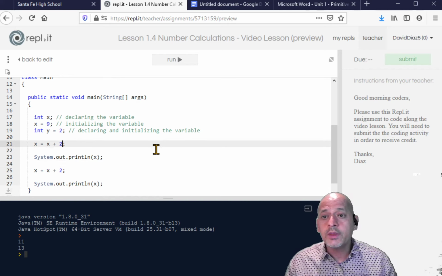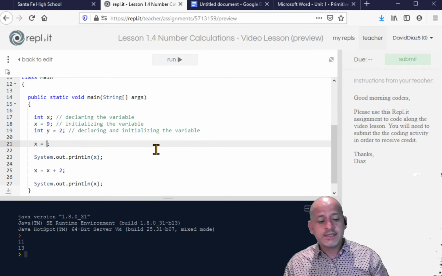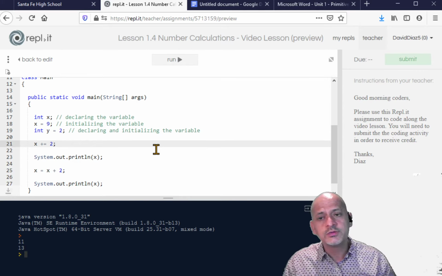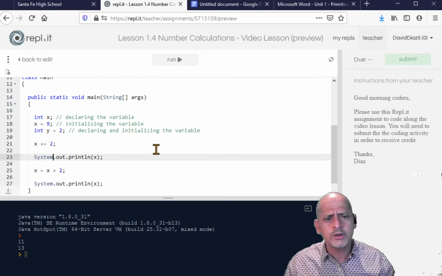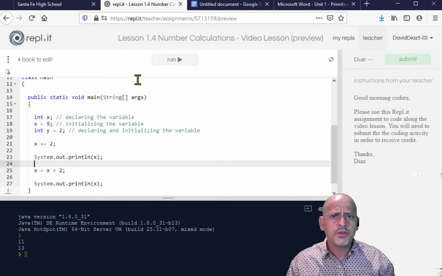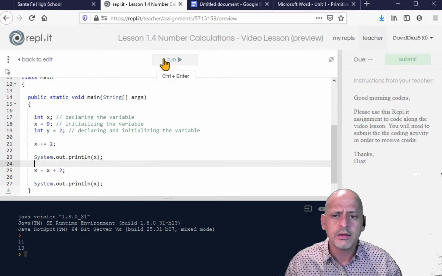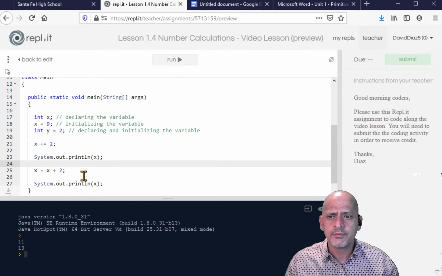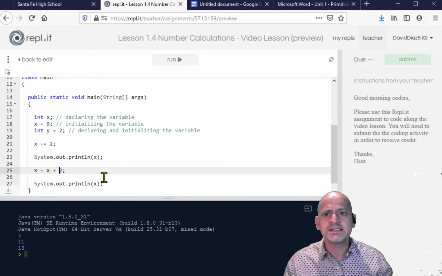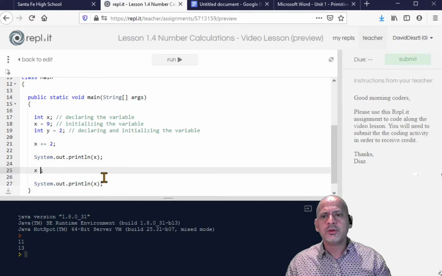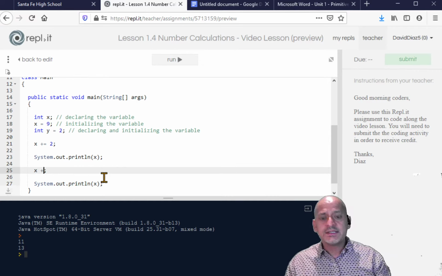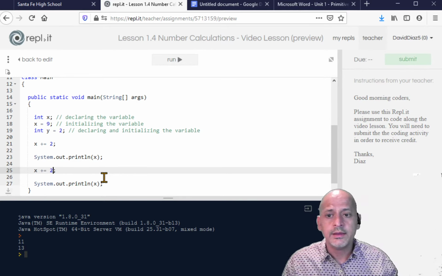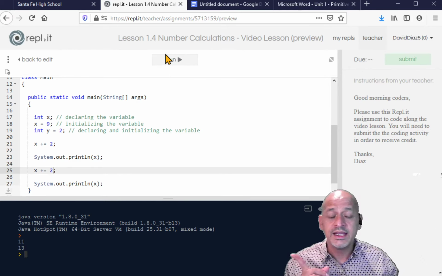The other way that we can have it as a shortcut is plus equals 2. That's going to be useful once in a while in this class, but if you want, you can just do x plus 2. Both of them will give you the same result. So instead of x plus 2, we can do plus equals 2. That should give me also 11 and 13, and it does.